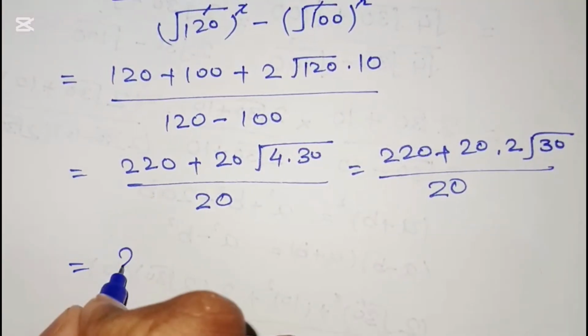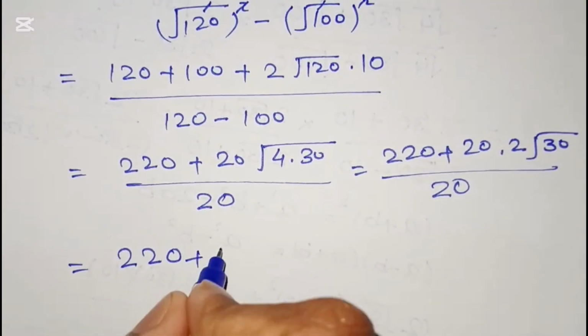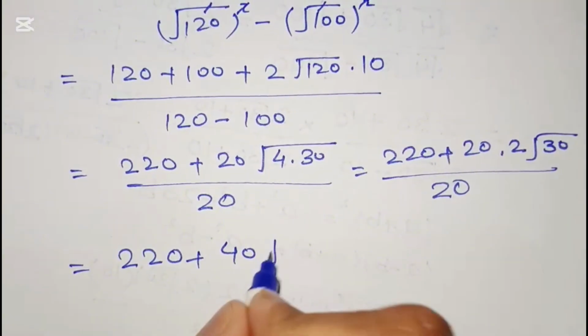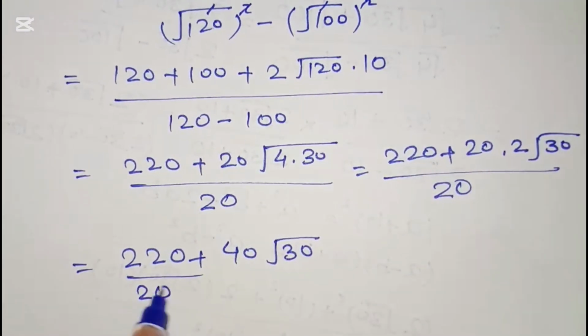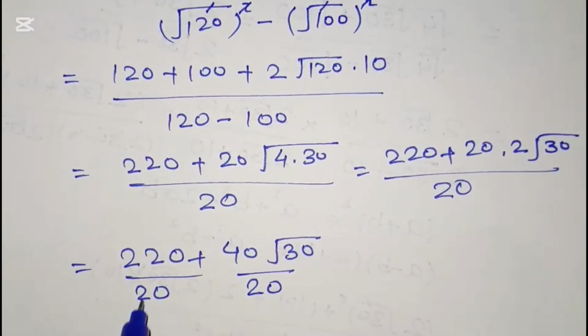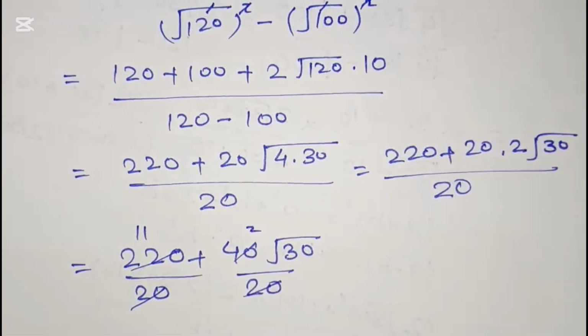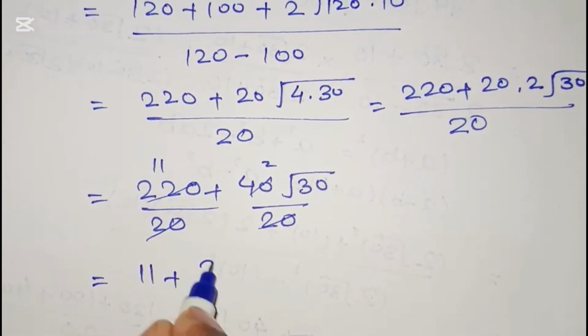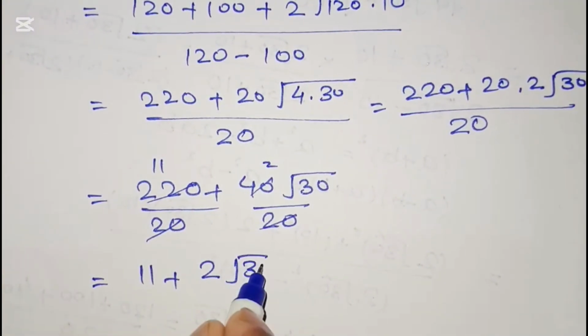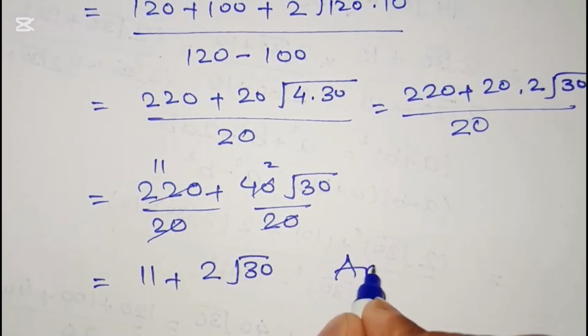We can write this as 220 plus 40 square root of 30, dividing by 20 on both terms: 220 over 20 is 11, and 40 over 20 is 2. So the answer is 11 plus 2 times square root of 30, which is the same as we got in method 1.